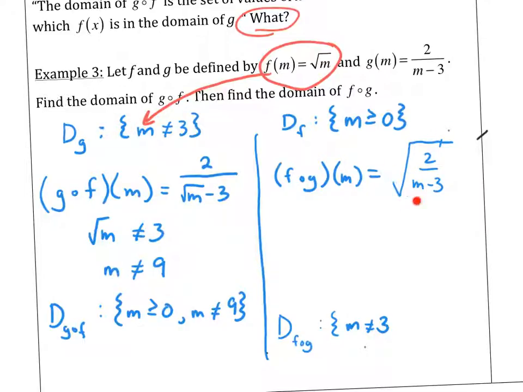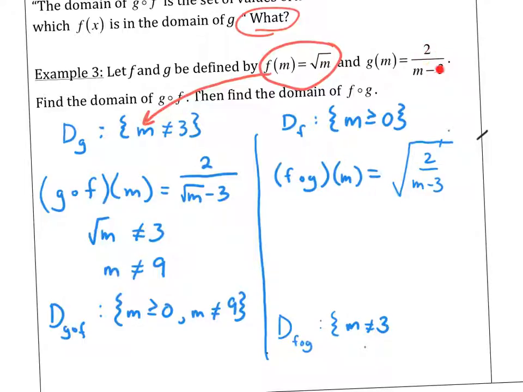So now we have to look at this whole thing and see what makes this right here equal to a negative number, because I can't take a square root of a negative. So again, what did I do up here? I took the function and substituted in the domain of the other. So I took f and put it here as the domain of g.